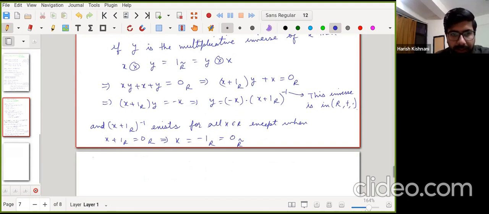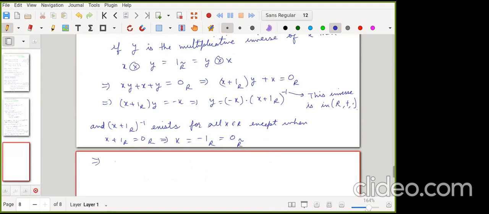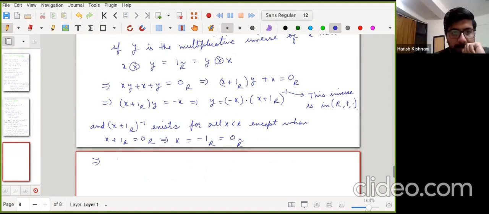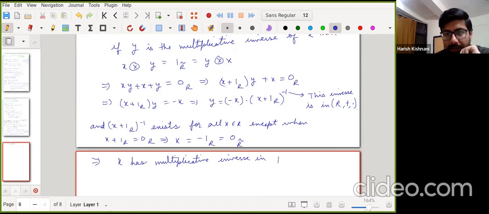So this implies X has a multiplicative inverse in this new ring setup. And why is this so?